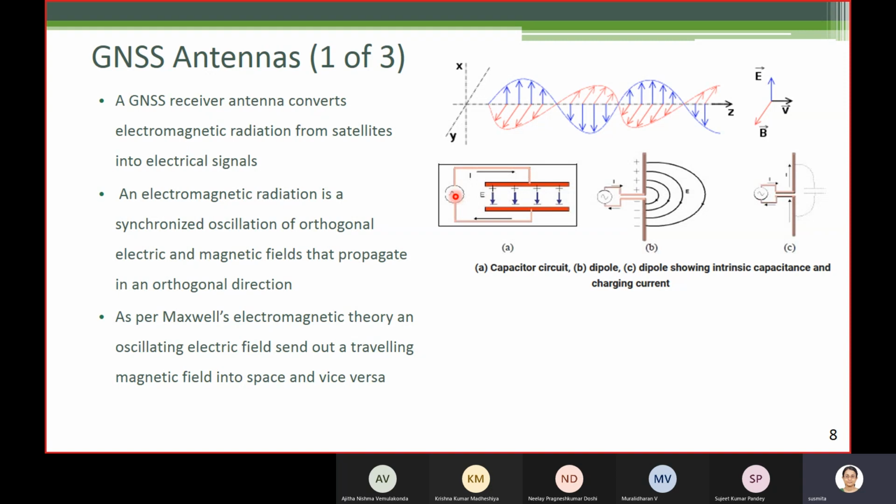So a capacitor is excited by an alternating voltage. As a result, an electric field would be generated within the capacitor plates. But it is confined within the plate, and an alternating current flows through the capacitor, right? And we know that if C is the capacitance, I is the current and V is the voltage, then I is equal to C times dV by dt.